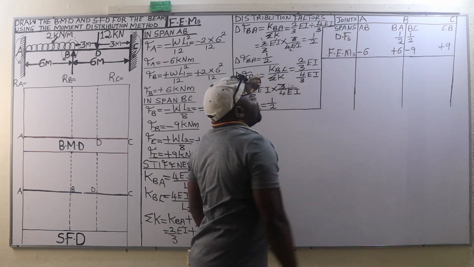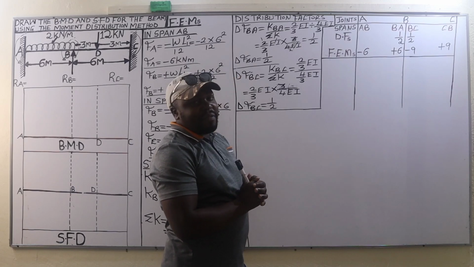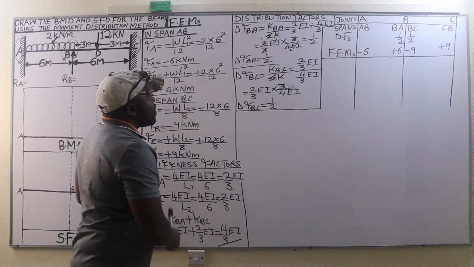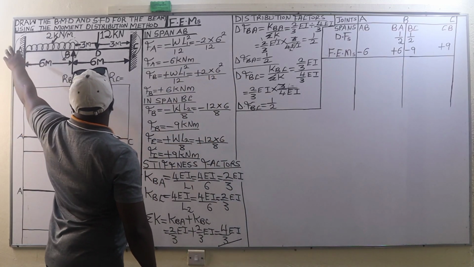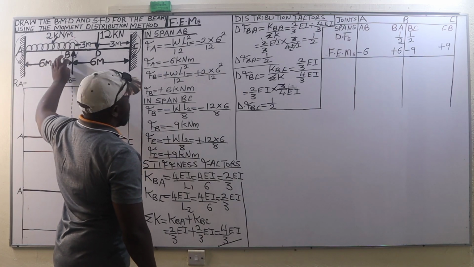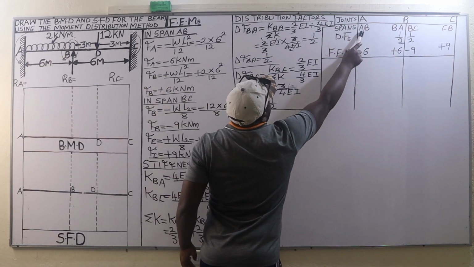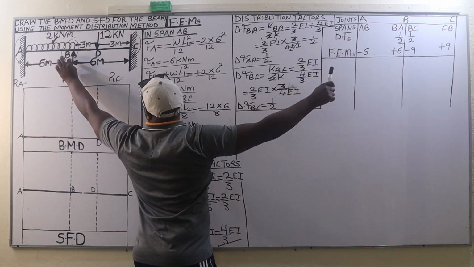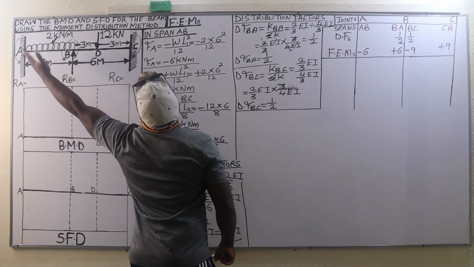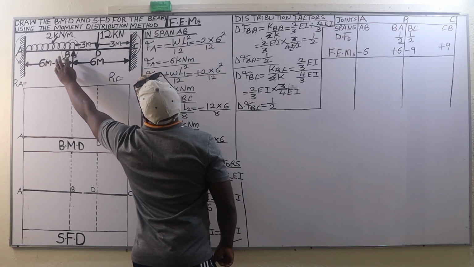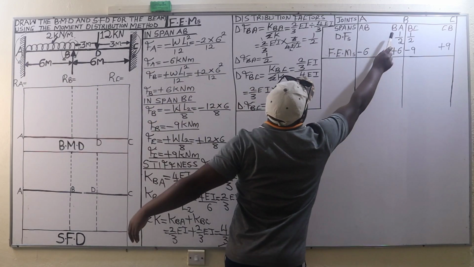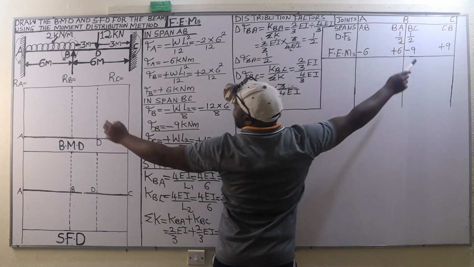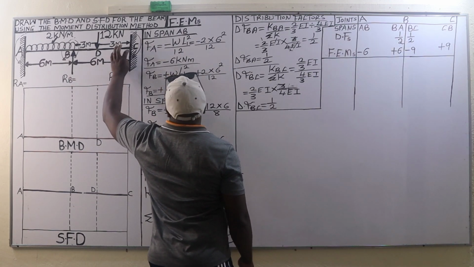Then down below the joints, we are going to have the spans. For the joint A, we have the member AB. For the joint B, on the left hand side, we are going to have member BA, and on the right hand side, we are going to have member BC.